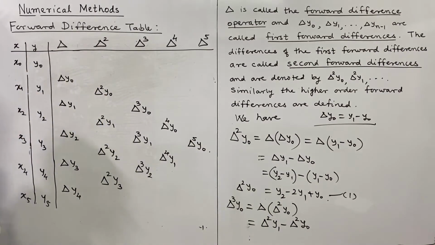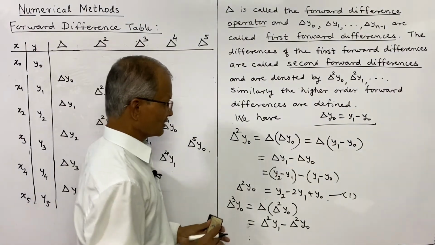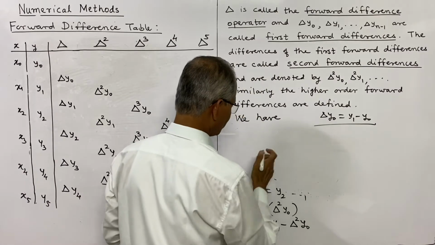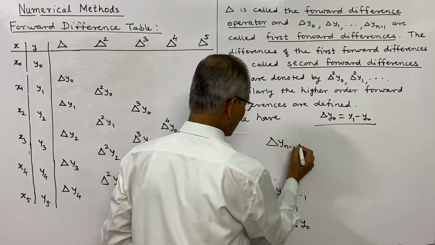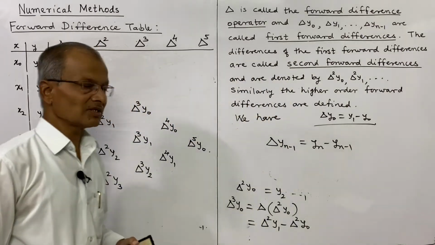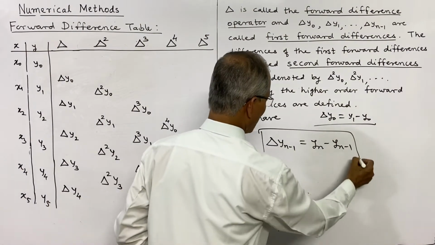So in this way we have to construct the forward difference table using the definition of the delta operator. Delta of y0 is this, or in general delta of y(n-1) is equal to yn minus y(n-1). So this is the definition for delta, which we have to remember.